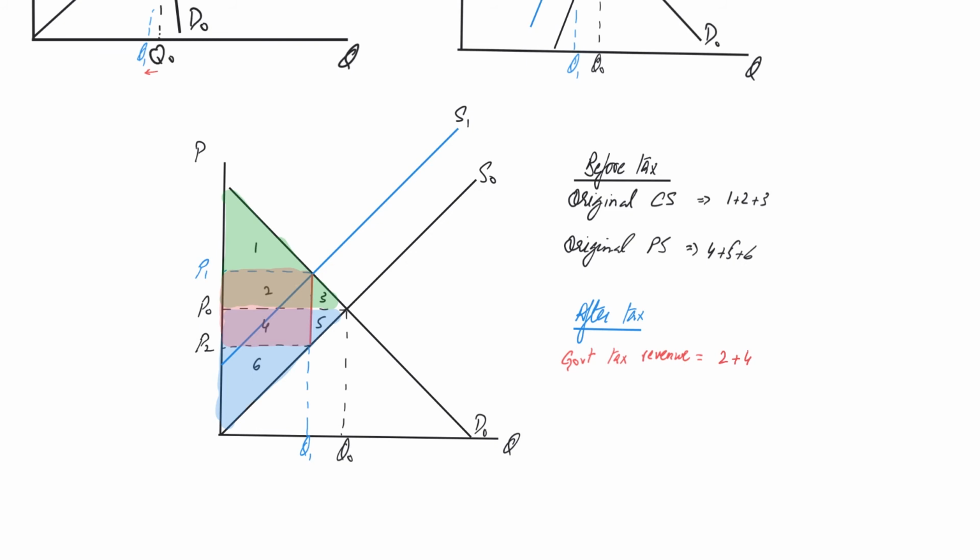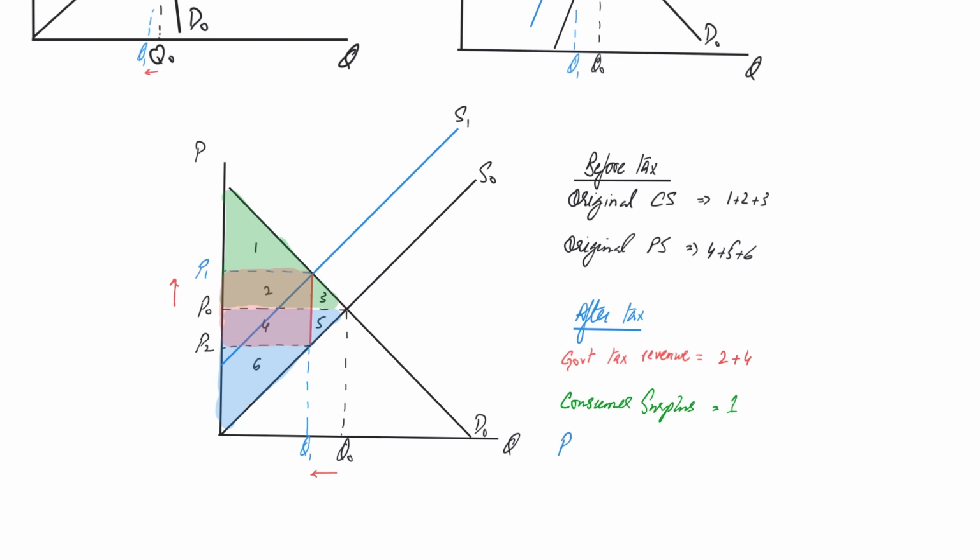The consumer surplus has shrunk because the prices went up. So your new consumer surplus is just area 1. Okay, because of the falling quantity and the rising price. After that, okay, what's the new producer surplus?